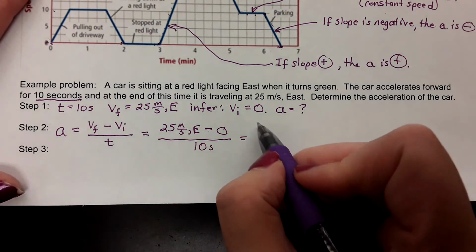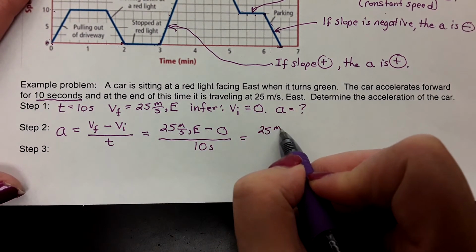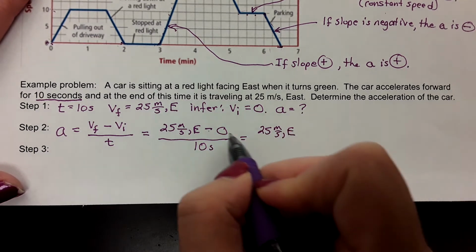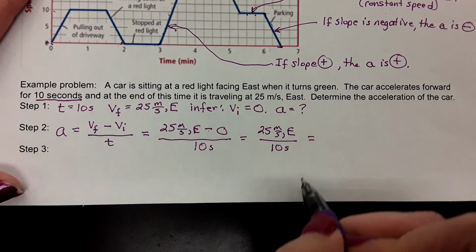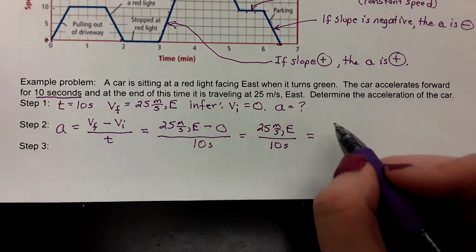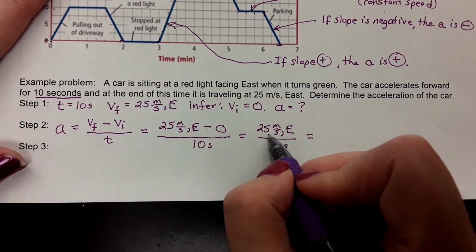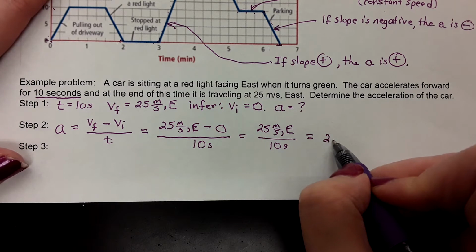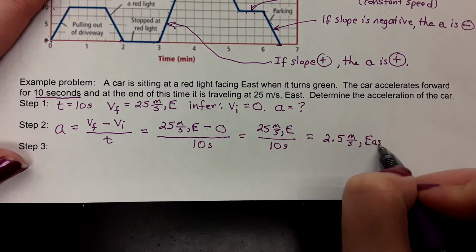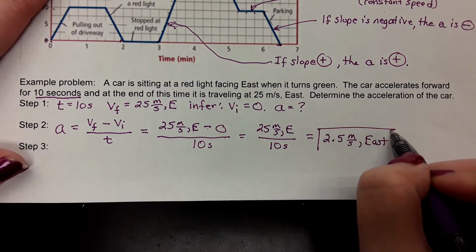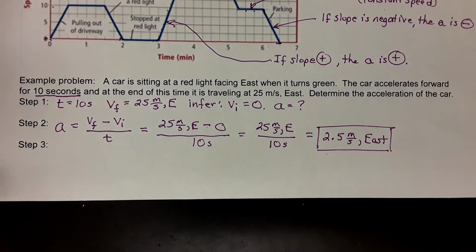Okay? That gives us 25 meters per second east because when you subtract nothing, you still got what you started with. All right? And 25 divided by 10, when we divide, we move the decimal back one. So we get 2.5 meters per second east. There's our acceleration. Okay? Notice it is positive.